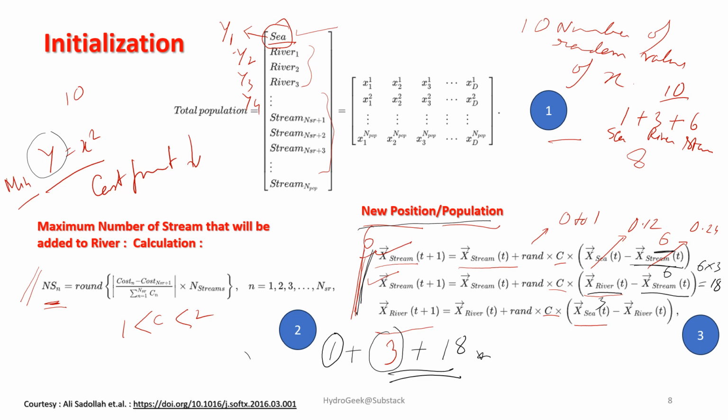Now within these 21 values, if any y is less than the earlier y, then we will replace the c value with that new y, correct or wrong?